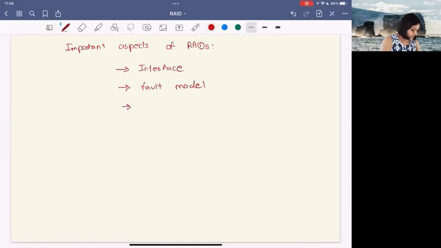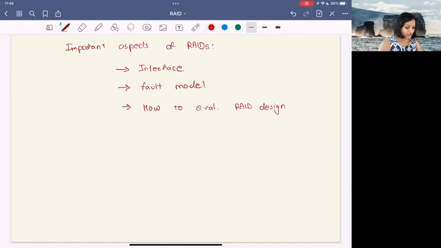And third, once we have a RAID mechanism, we would want to see how good it is, right? Is this just survivable? Is this just okay? Is this the best RAID technique? So how do we evaluate a RAID design?